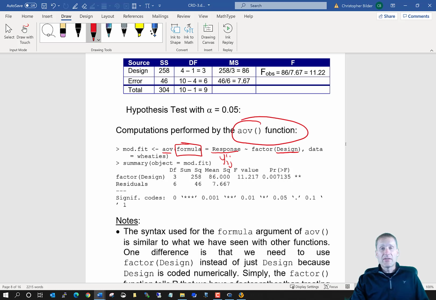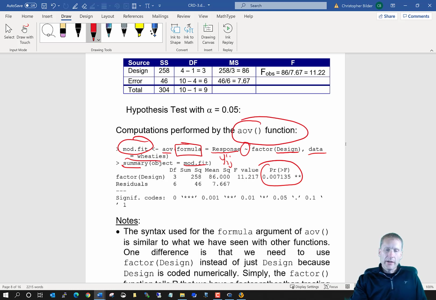That's why I have design on the right side of this tilde. And then we need to put data equal Wheaties. If we use the summary function with the end result, which we put in mod.fit, then we get the ANOVA table that we just saw above. Notice we also get a nice little p-value to do our hypothesis test as well.